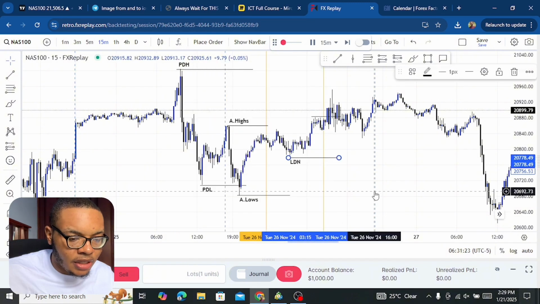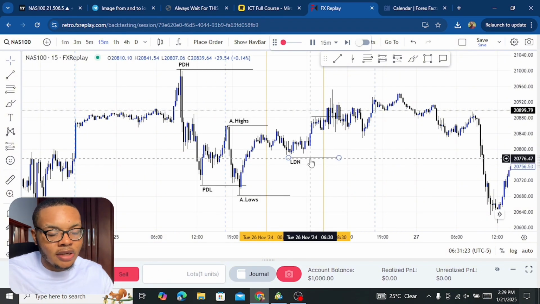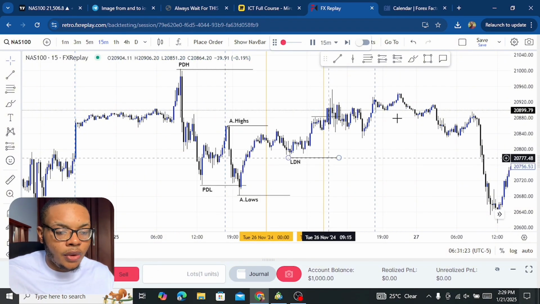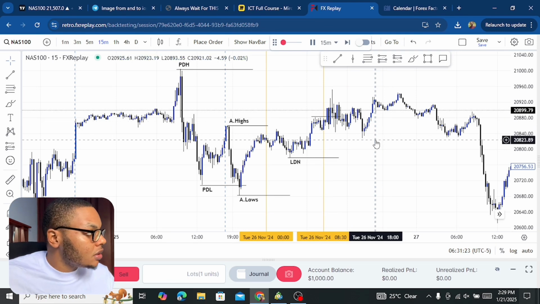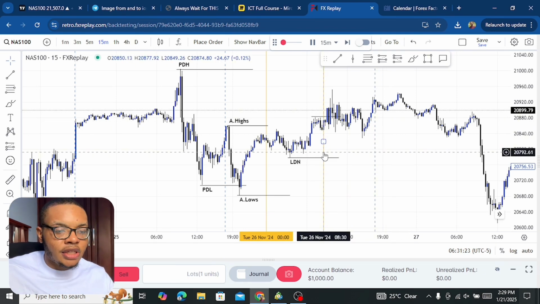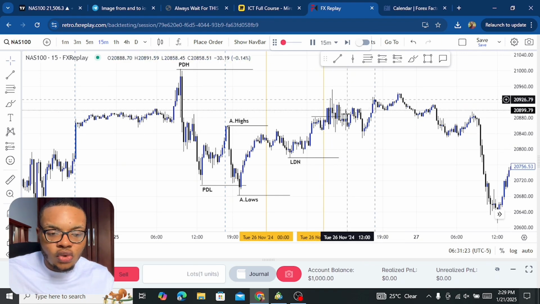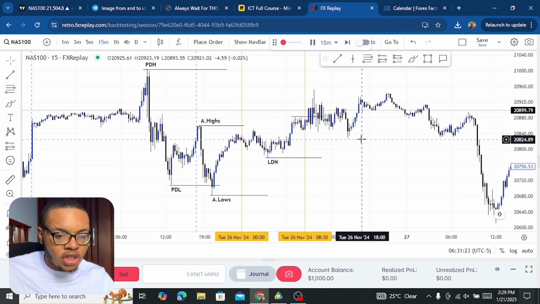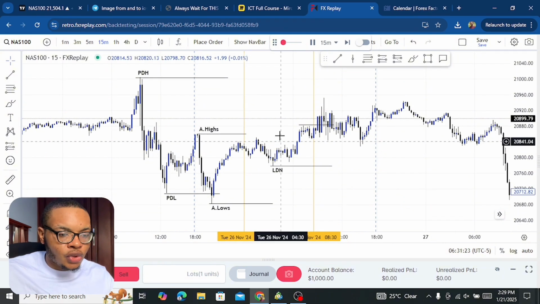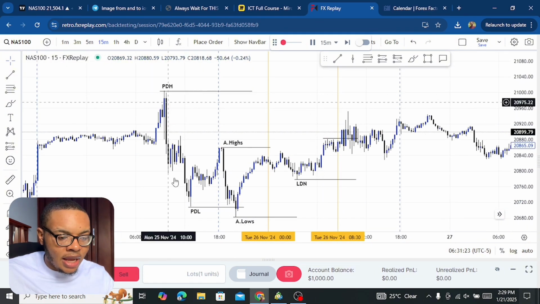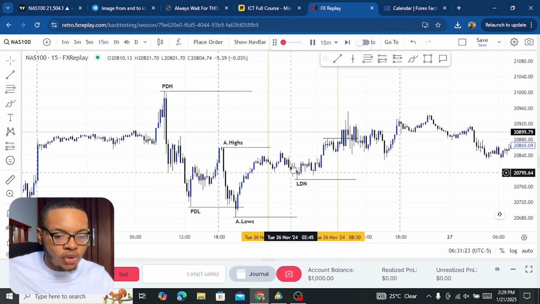I don't need to make it lows or highs. I just like to label it as LDN. So we've got previous day's, Asian, London, and we don't need to mark out New York because it's in New York we'll be framing trades from, which I'll also show you.